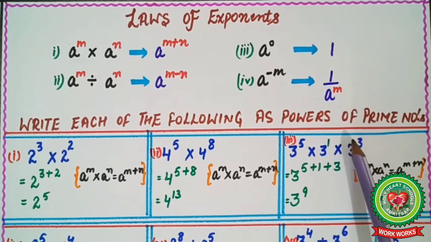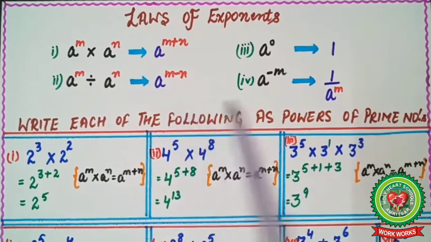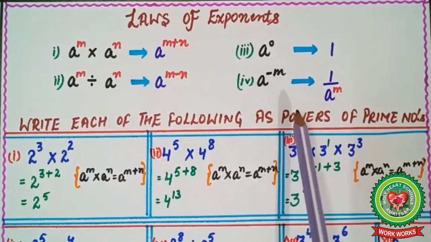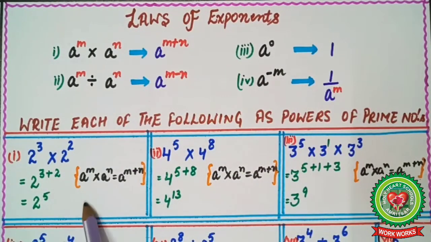Now students, we will look at some applications of all these laws of exponents one by one. So let's move to the first example. Here you can see I have written the statement: write each of the following as powers of prime numbers. Now here I have taken 2 raised to power 3 multiplied by 2 raised to power 2.